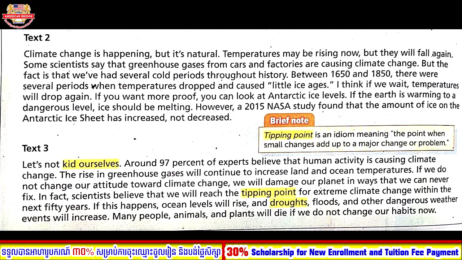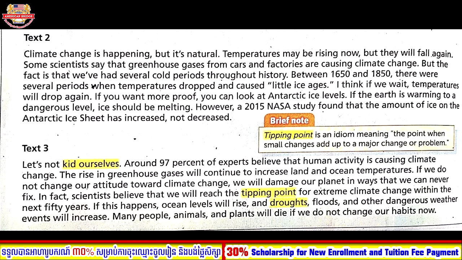Track 10. Climate change is happening, but it's natural. Temperatures may be rising now, but they will fall again. Some scientists say that greenhouse gases from cars and factories are causing climate change. But the fact is that we've had several cold periods throughout history.